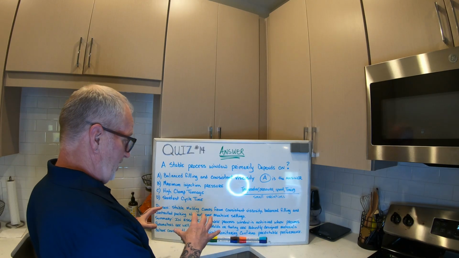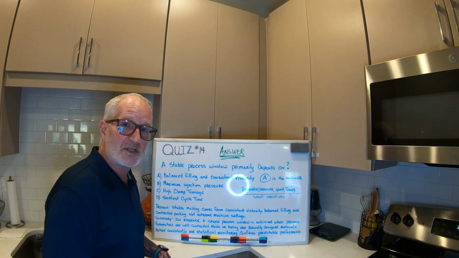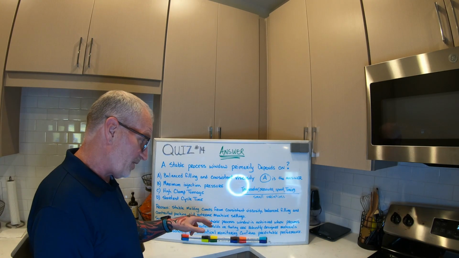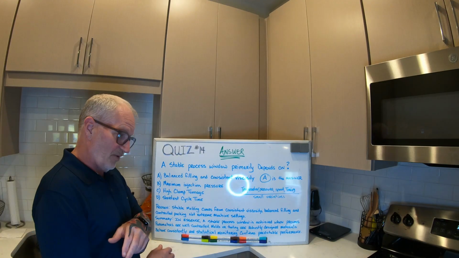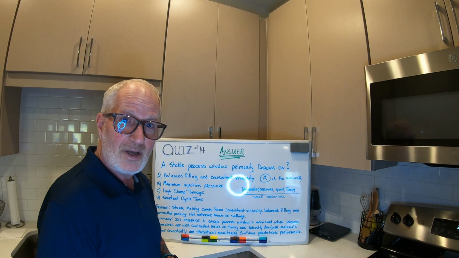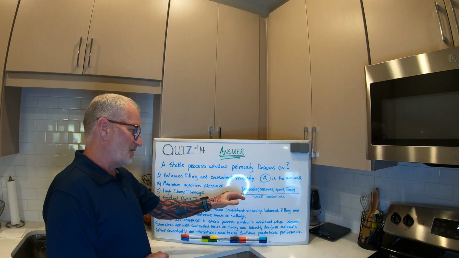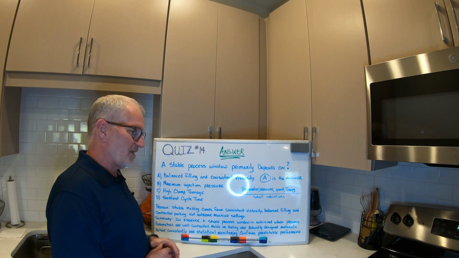So that's a lot to take in, so try to say that a bunch of times if you can. That's a mouthful. But what they're trying to tell you is these settings more or less control your process window.